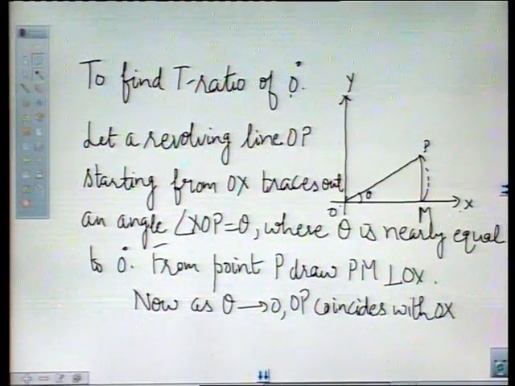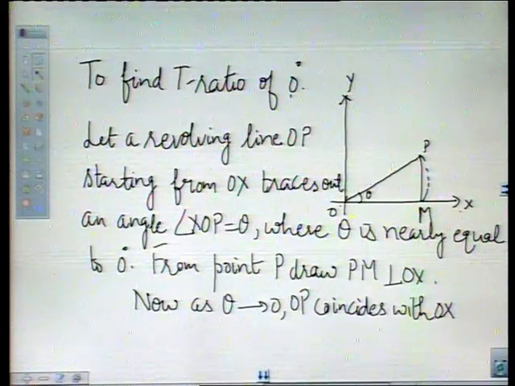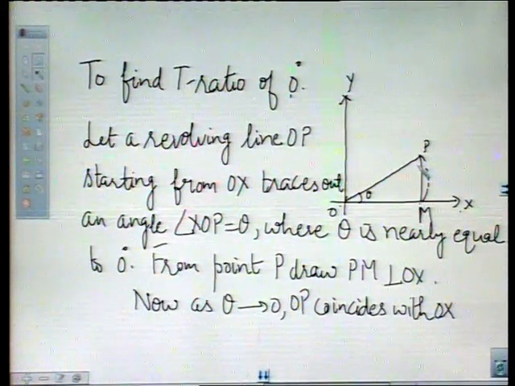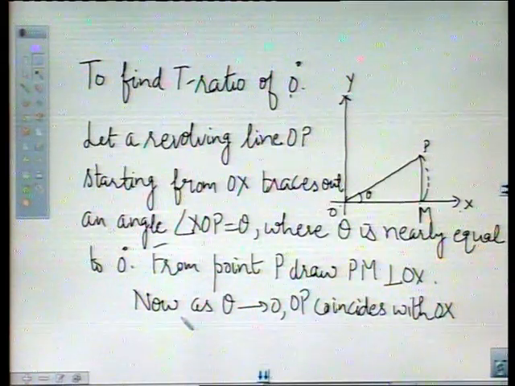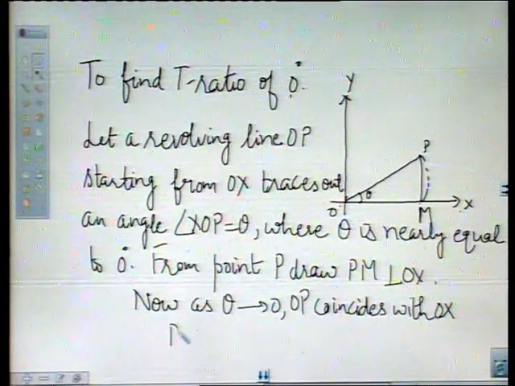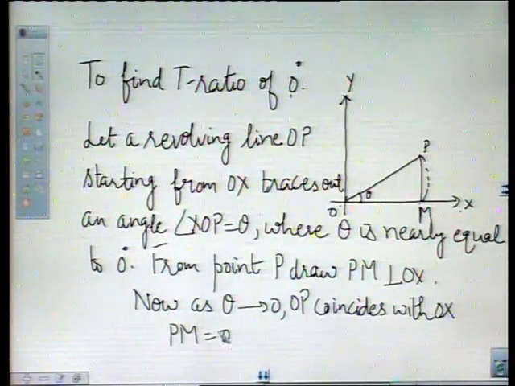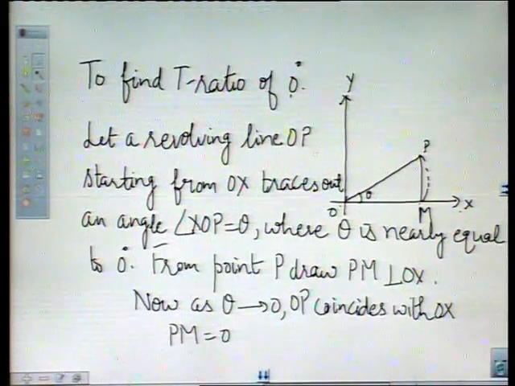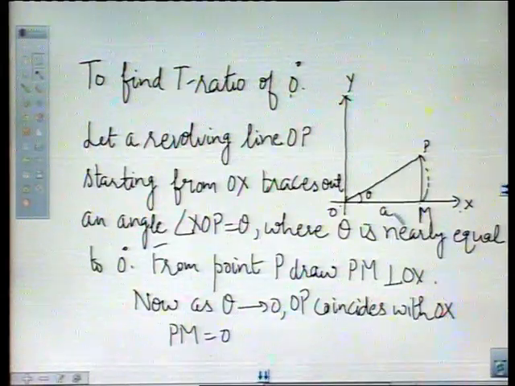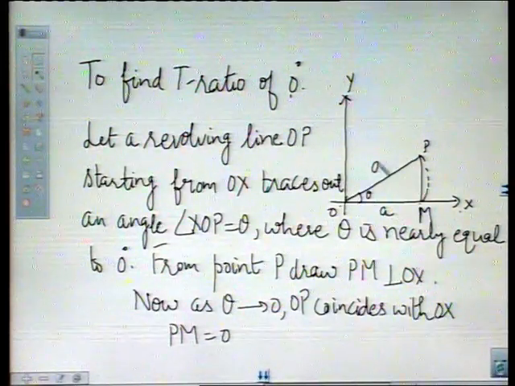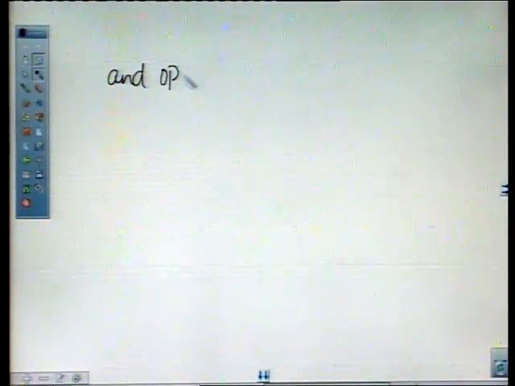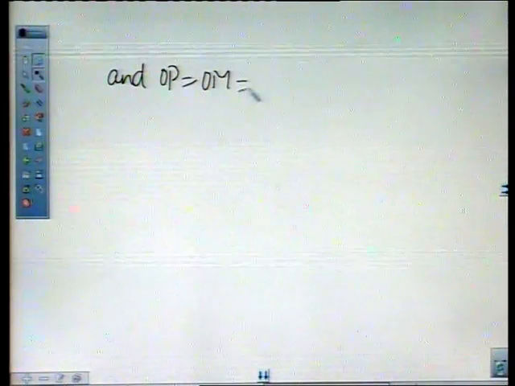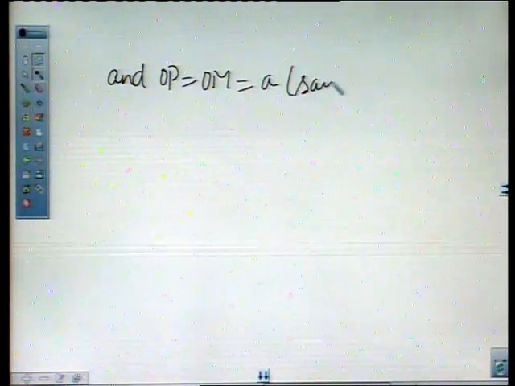Therefore, when OP coincides with OX, this perpendicular distance PM will become 0. So, as theta tends to 0, PM is equal to 0. Let us take OM as A and OP as A.